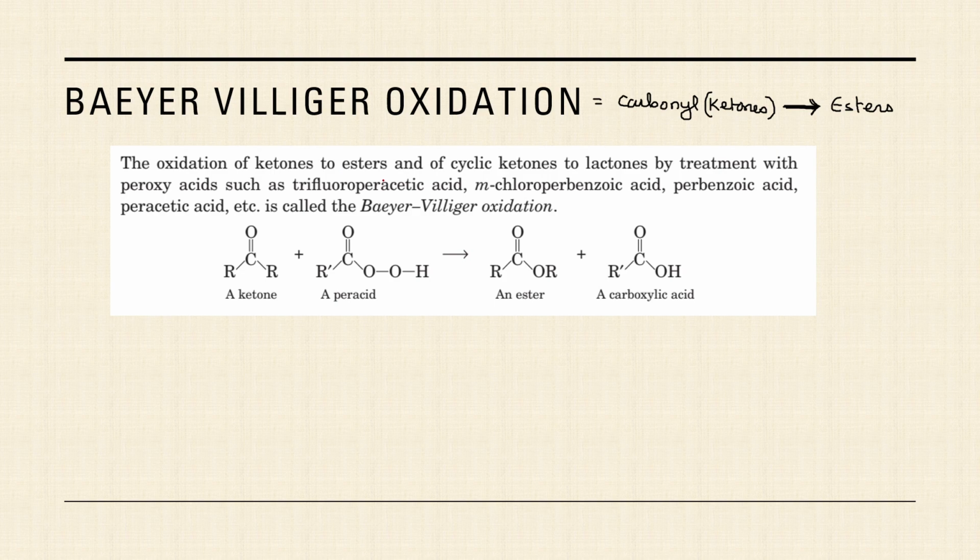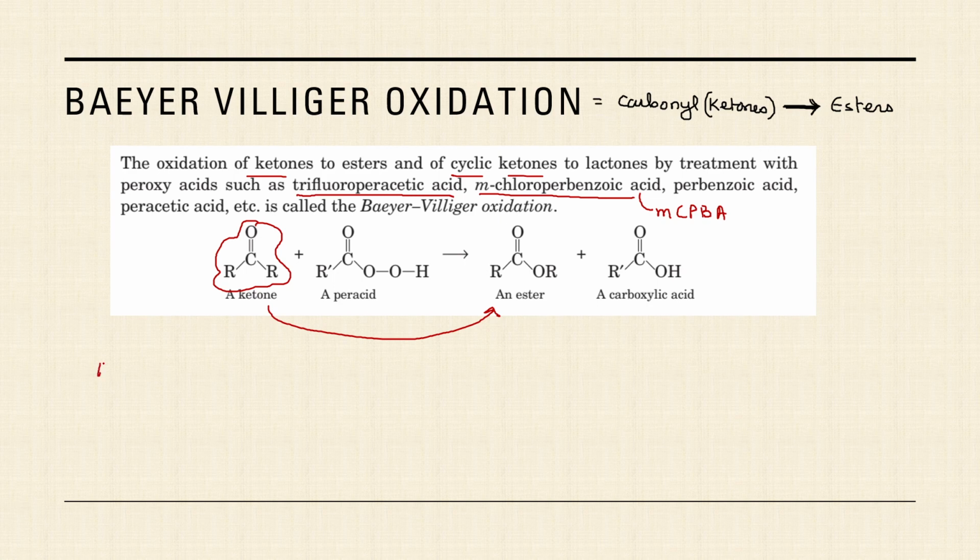You can take open chain ketones or you can take cyclic ketones. किसी भी तरह का कीटोन आप ले सकते हैं एंड दीज कीटोन्स ओपन चेन कीटोन्स और साइक्लिक कीटोन्स एंड you can treat it with any kind of a peroxy acid like trifluoroacetic acid, metachloroperoxybenzoic acid, which is also known as MCPBA, परबेंजोइक एसिड. और इससे क्या होता है कि ये कीटोन एक एस्टर में कन्वर्ट कर जाता है and this per acid turns into a carboxylic acid.